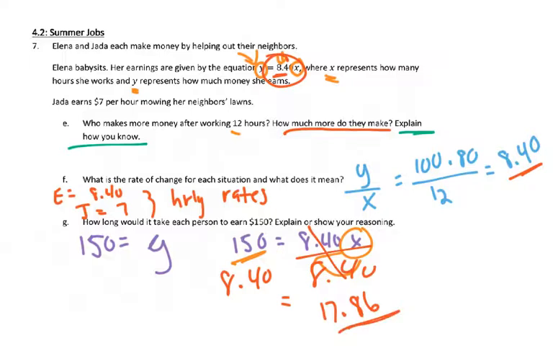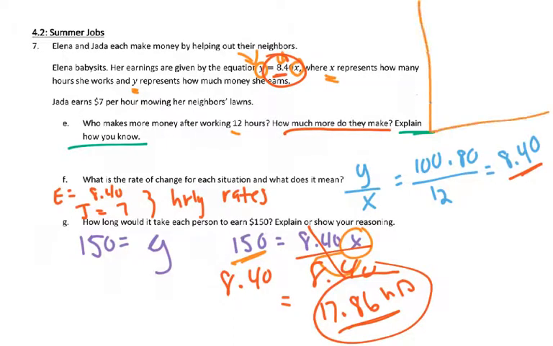So that would be 17.86 hours, okay? I'm going to do right over here in this little box the same thing for Jada. So I start with 150 because that's my Y value of the total that she's making, equals 7x. $7 per unknown hours.